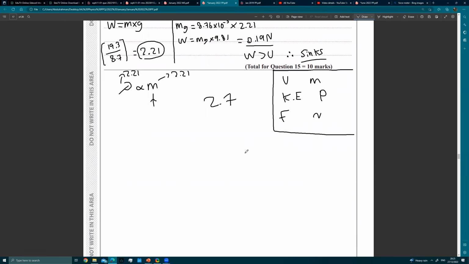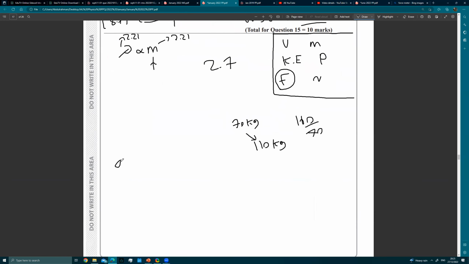it tells you that, let's say you're trying to work out force, okay? It tells you the mass increased from 70 kilograms to 110 kilograms. So what you know is the mass is 110 over 70 times larger. And then let's say you're trying to work out force and you do acceleration is force over mass. And you're like, oh, I don't know what the mass is.